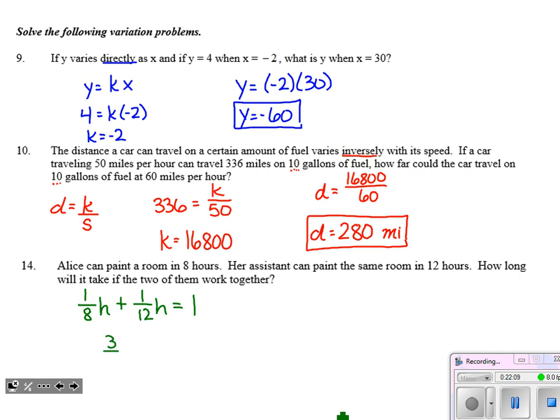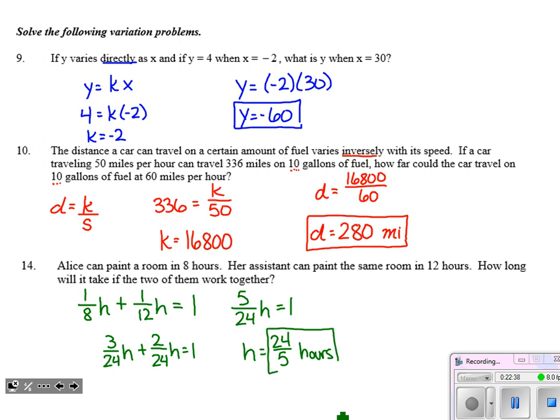So 1/8 is 3/24 h plus 1/12, that's 2/24 h. That equals 1. If I combine those together, that's 5/24 h when they're working together equals 1, and I can solve for h, the number of hours. Simply divide away 5/24, that means multiplying both sides by the reciprocal. I get h equals 24/5 hours.